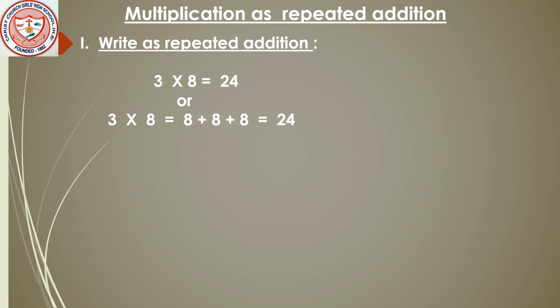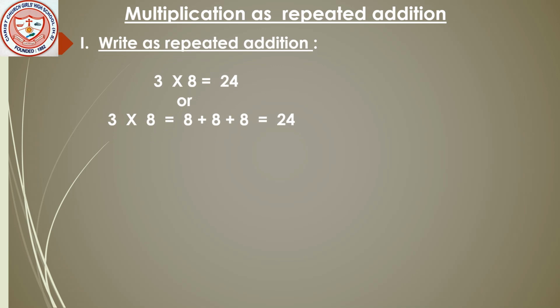So, how will we write 3 into 8 is equal to 24 as repeated addition? It will be like this. 3 into 8 is equal to 8 plus 8 plus 8 is equal to 24.